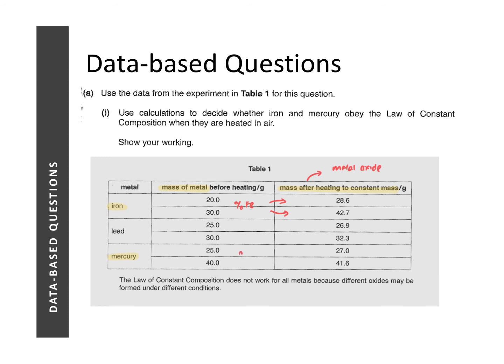And similarly, we need to find the percentage by mass of mercury in the two different samples of mercury oxide to find whether the percentage by mass of mercury is the same. If the percentage by mass is the same, then it obeys the law. If the percentage by mass is different, then it doesn't obey the law.